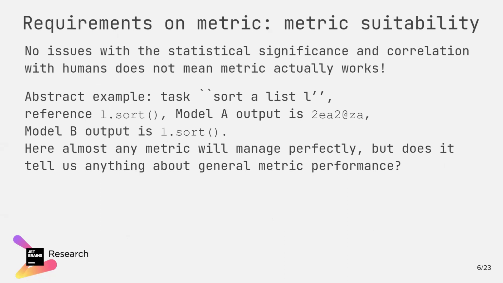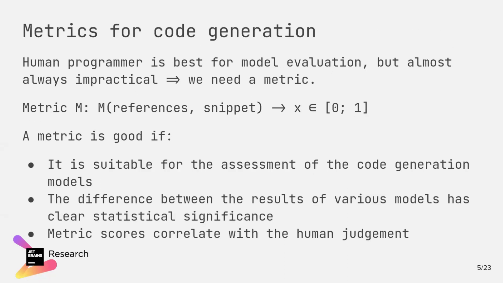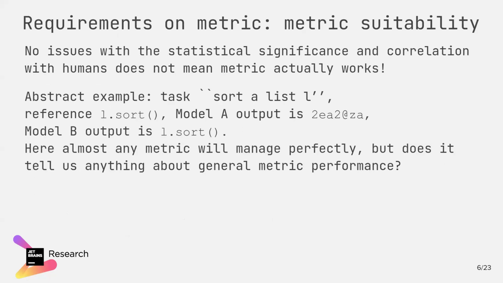However, if we go back for a second, statistical significance and correlation with human judgment is not enough to claim that the metric is suitable for code generation assessment. It is possible that the metric just performs okay for the datasets and models that we are studying. But if we consider some other model or some other dataset, then our metric will fail.